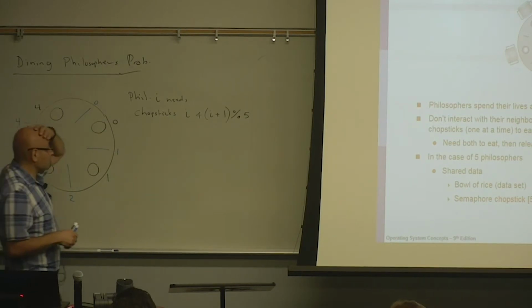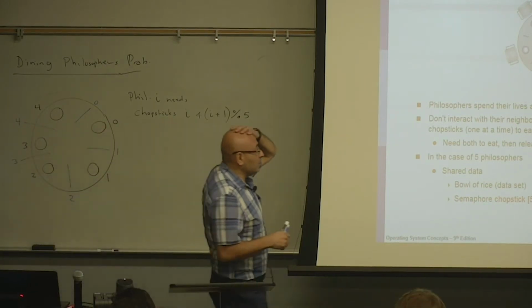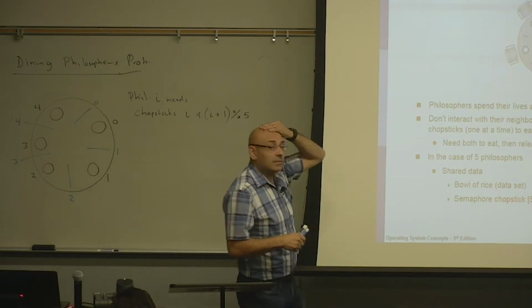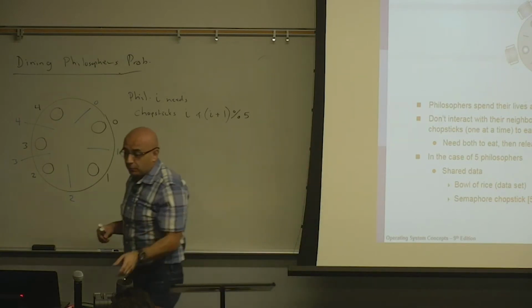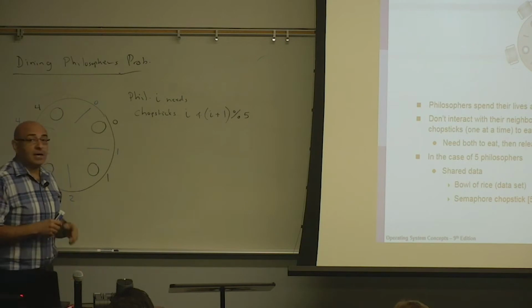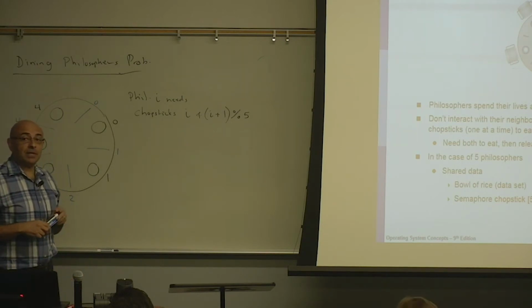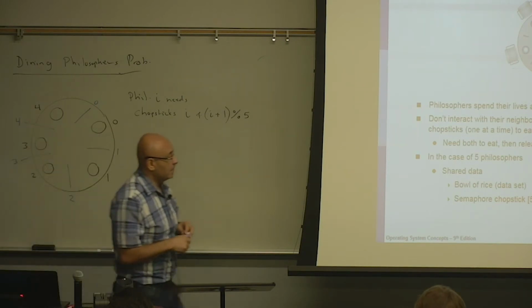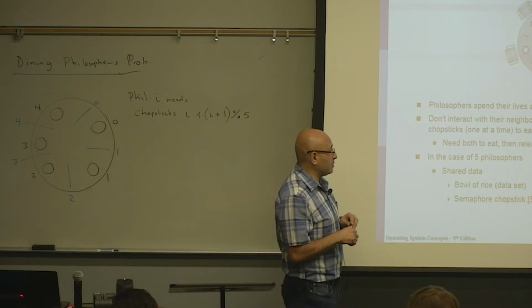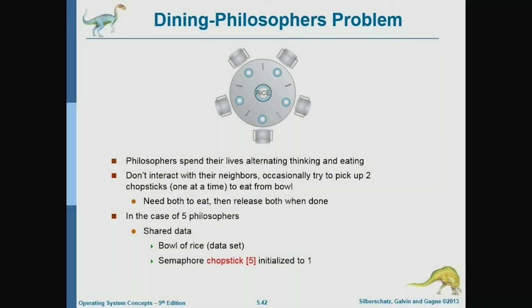And so the first solution that we will look at is a straightforward solution where we have a semaphore for protecting each chopstick. So we have an array of semaphores in which there is one entry, one semaphore for each chopstick.